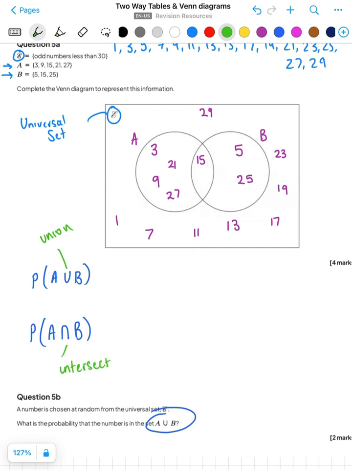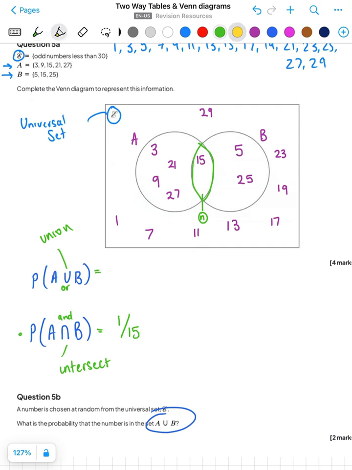I like to think of this as or and this as and. So thinking about our probability of A intersection B, you must like both apples and bananas at the same time. So A and B, that's only one number out of a total of 15 numbers.